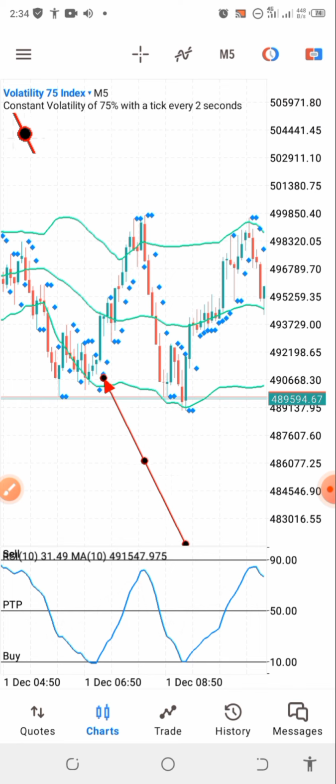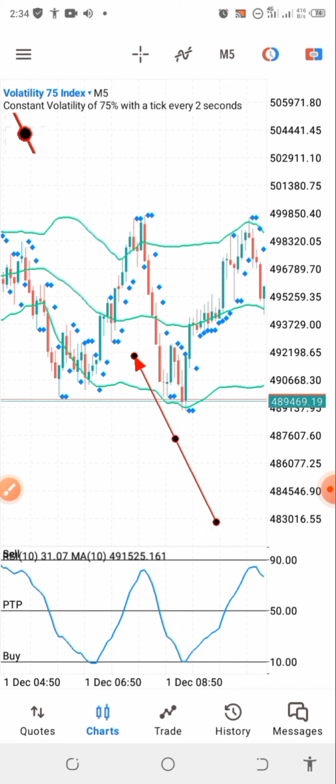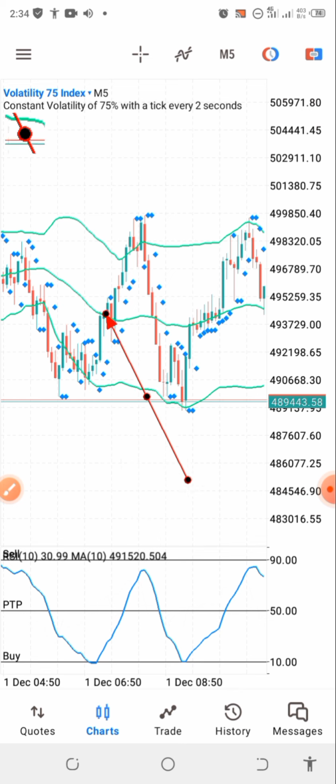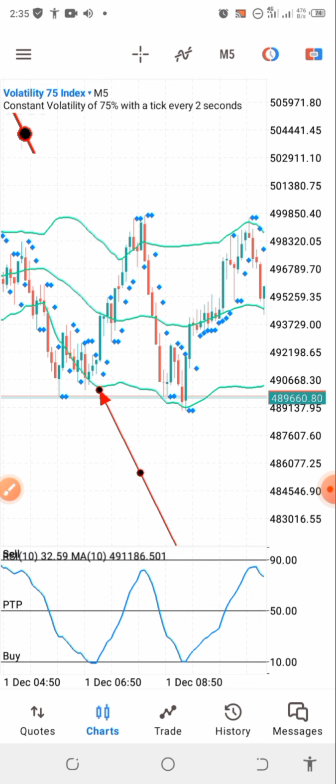The first thing you want to see is this Bollinger Band right here. The price must come down to the Bollinger Band, which means that when the price is falling, you want to see the price coming into the Bollinger Band.